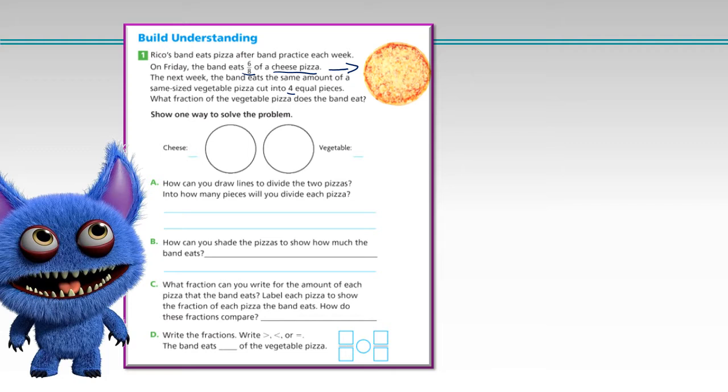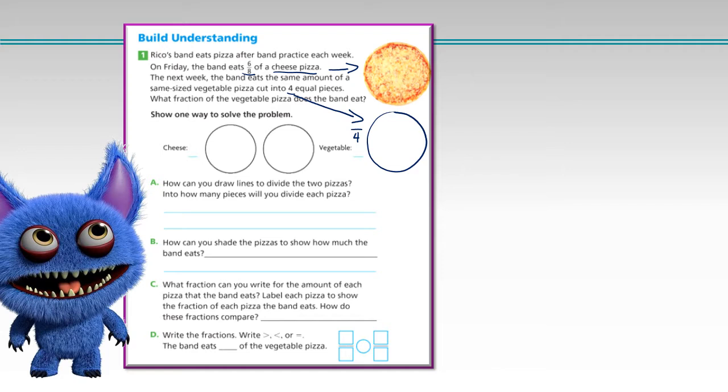Now, the number 4 is not a fraction, but it's telling me how many equal parts or equal pieces the vegetable pizza was cut into. So then they got a vegetable pizza, and it was cut into 4 equal pieces. So if we're working with fractions and we know that one whole has 4 equal parts, which number in the fraction would we know? Well, we would know the denominator.